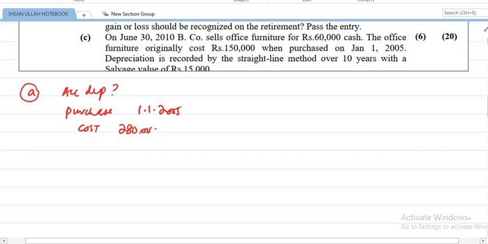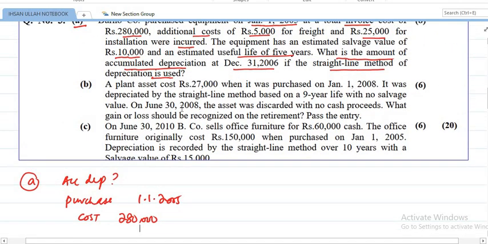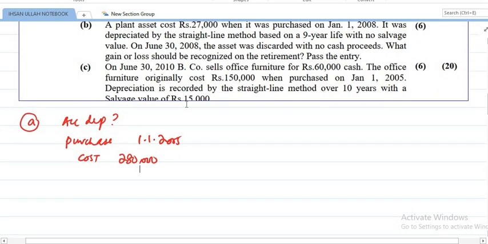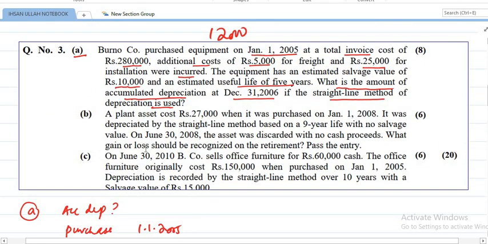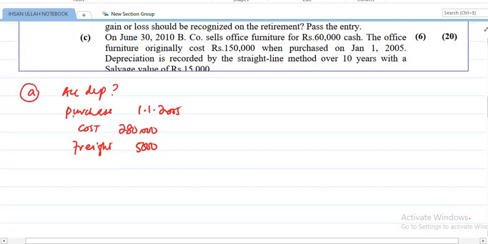There is another cost, the print cost of 5,000, which should be capitalized. And another cost, the installation cost of 25,000, which should also be capitalized.